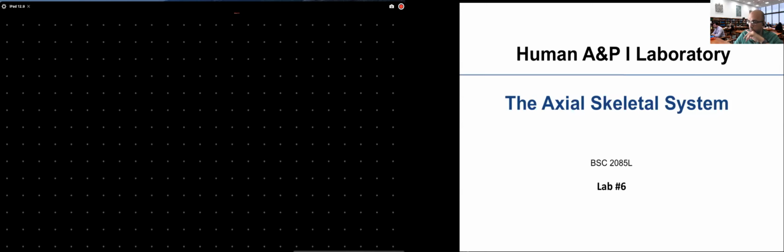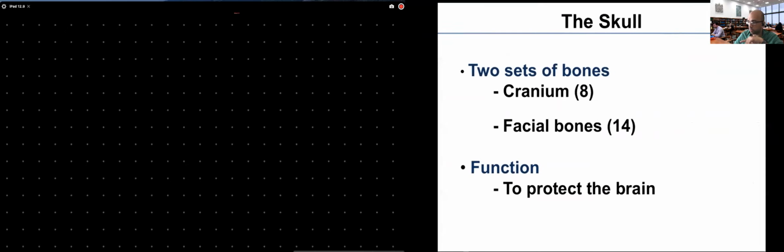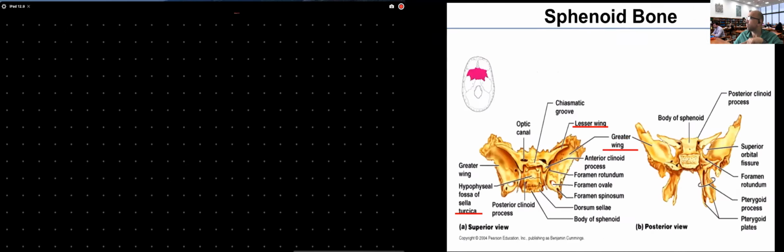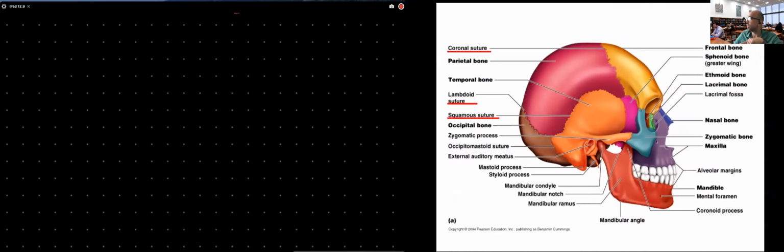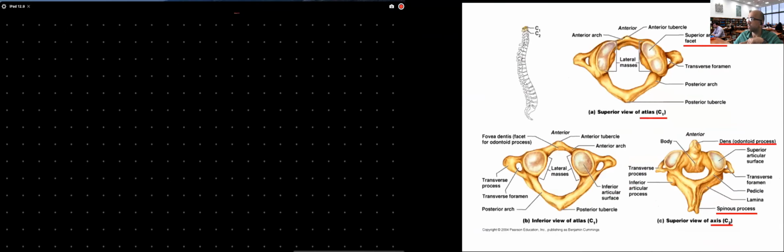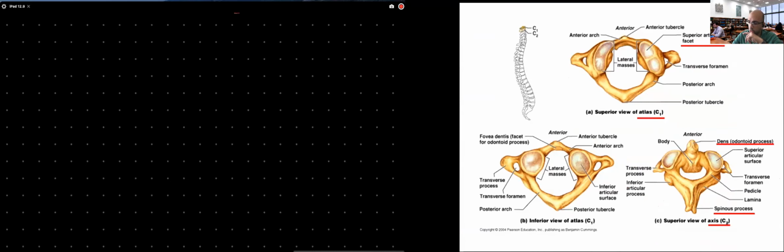You can find those diagrams, the important diagrams for the upcoming lab exam, under the lab documents on Canvas. So please check those out. You have two files, one for the appendicular skeleton and one for the axial skeleton.